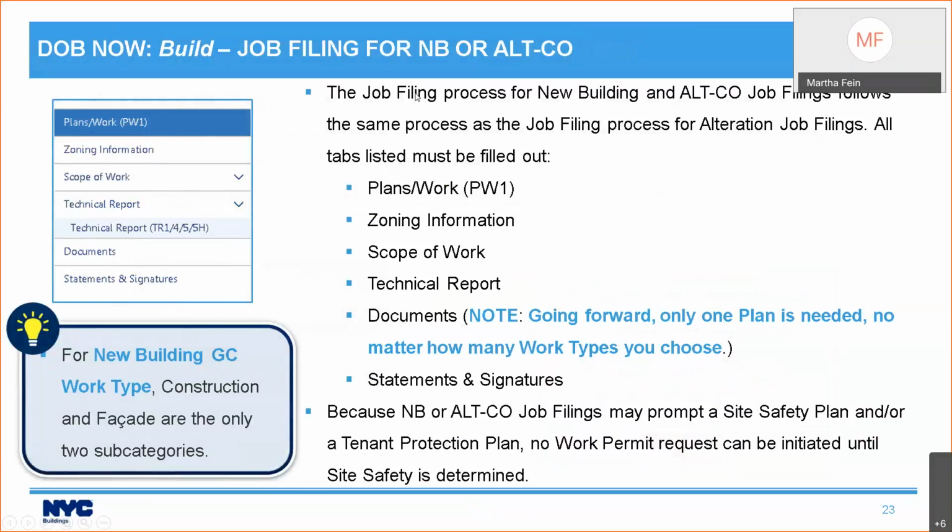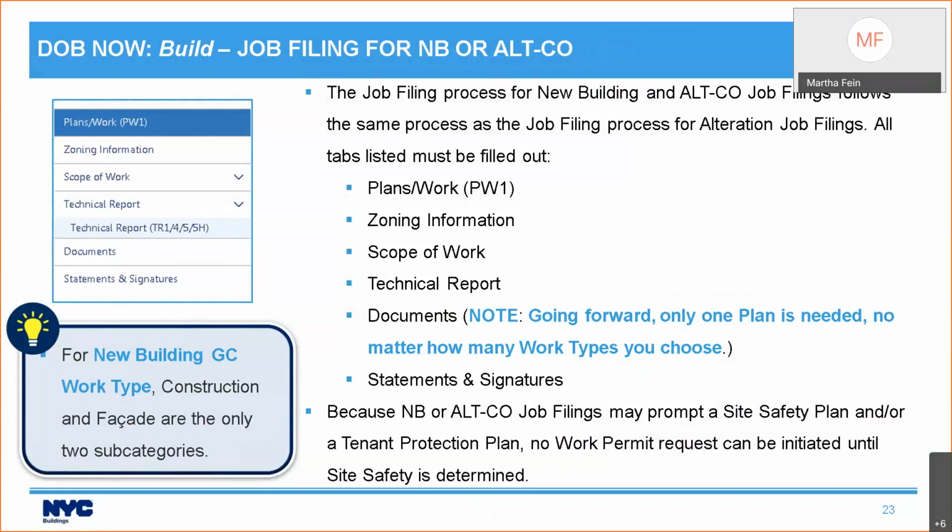Now, a couple of things that are different as you go through the rest of your job filing. First of all, you need to make sure you fill out all the fields as you see here. In the PW1, there will be one change that you will see early on, which is the subcategories.